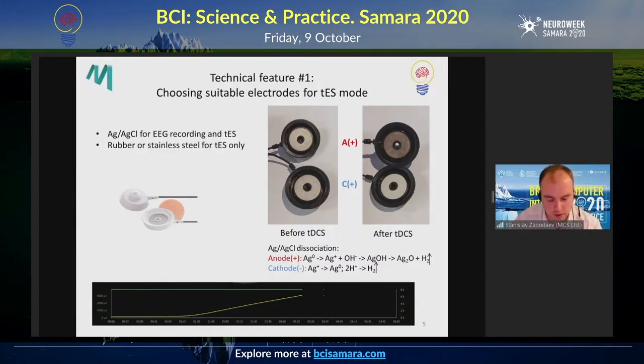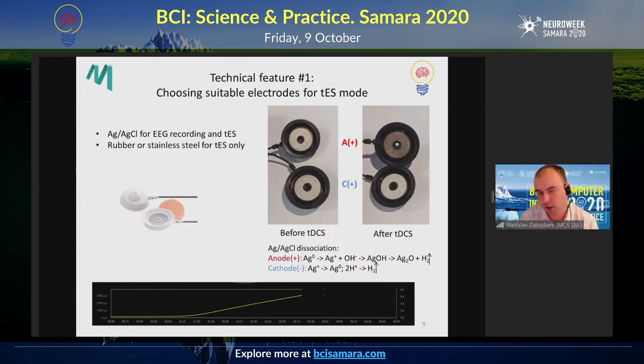Some manufacturers like Neuroelectric claim that their silver chloride electrodes can be used for up to 10 hours. It depends on the level of your DC, on the power of your DC.